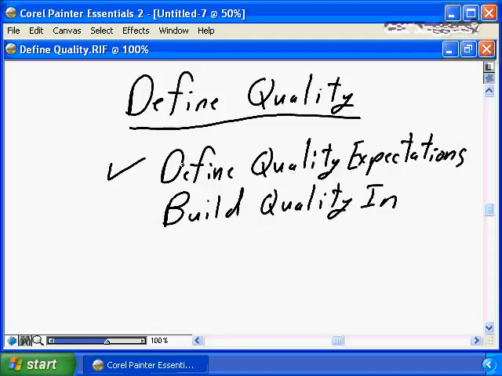You need to understand what the business's expectations for quality are, what their definition of quality is, and then ensure that the proper quality steps, the reviews, the inspections, the walkthroughs, the standards and procedures, the appropriate steps are built in to ensure that the project delivers quality the first time as opposed to eventually retrofitting quality into the project. We want to do it right the first time.